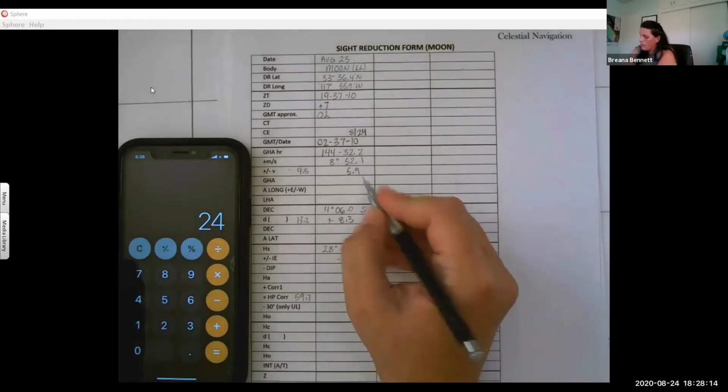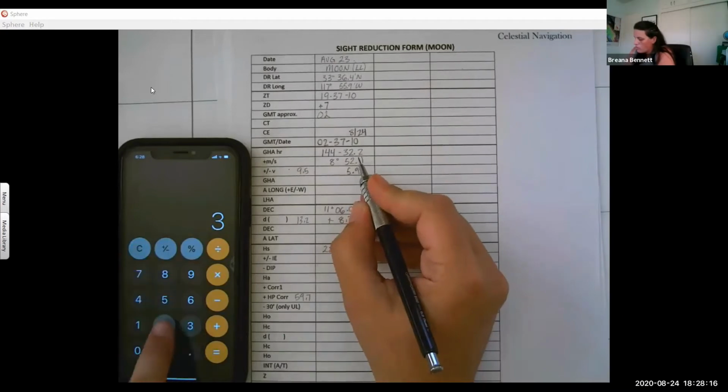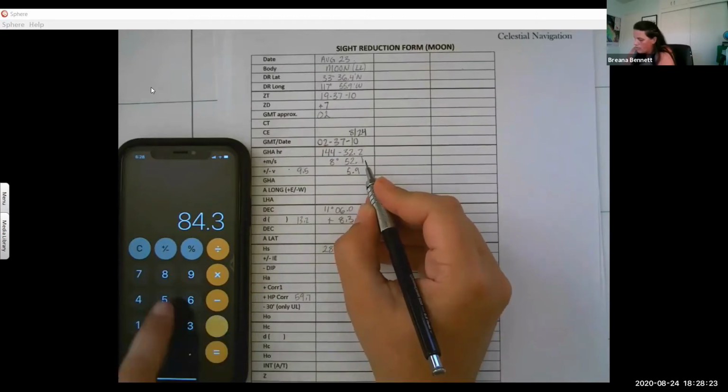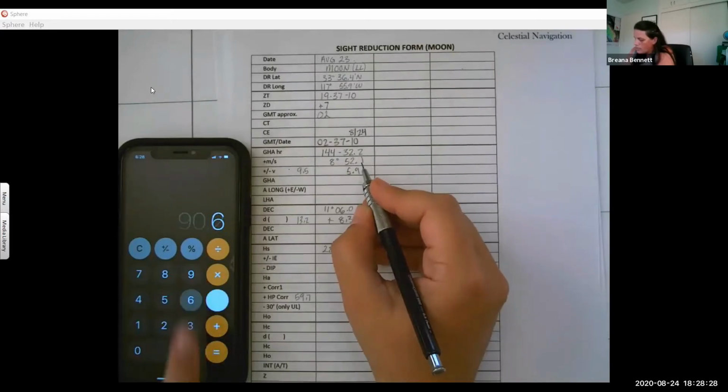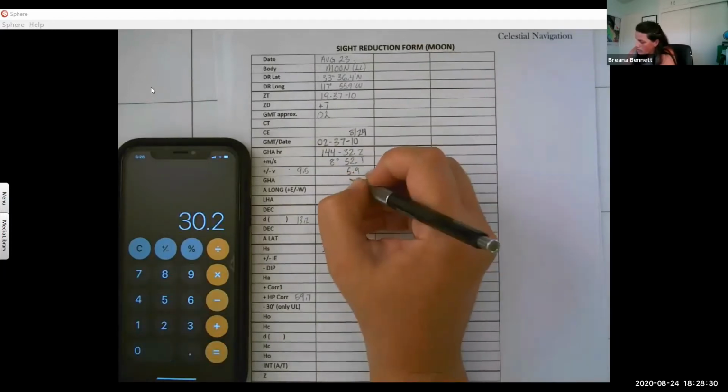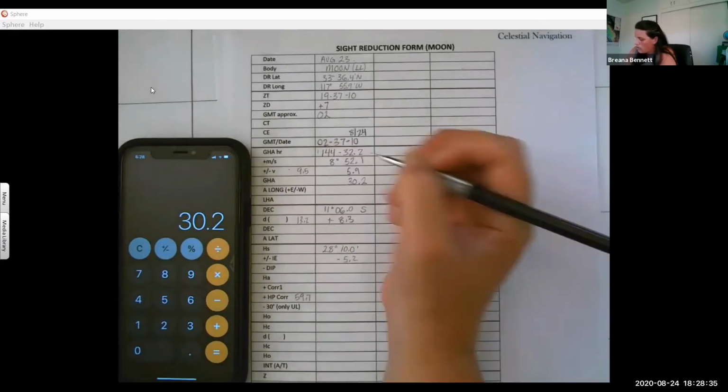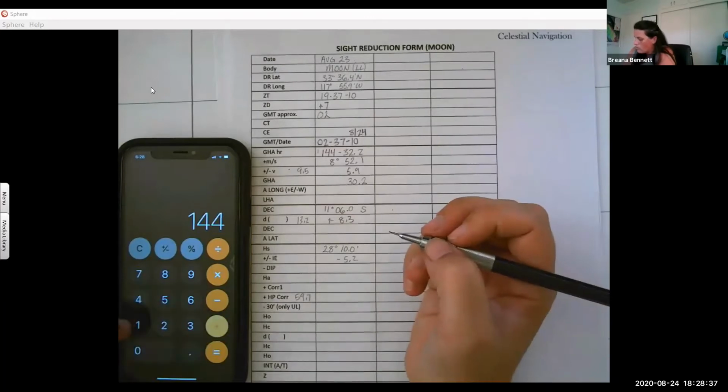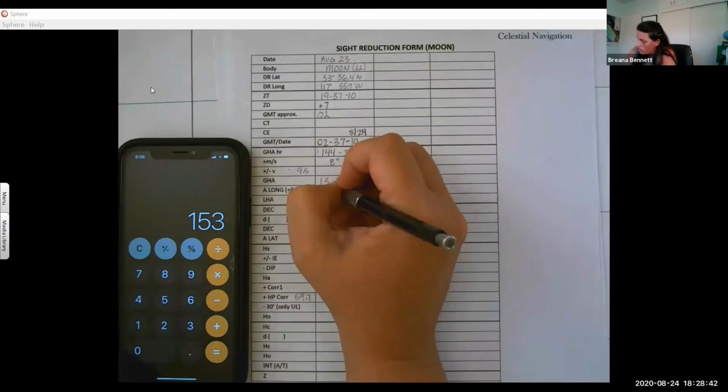So I have 32.2 plus 52.1 plus 5.9 gives us 90 minus 60 gives us 30.2. Carry the 1. 144 plus 1 plus 8 gives us 153. So that is our GHA.